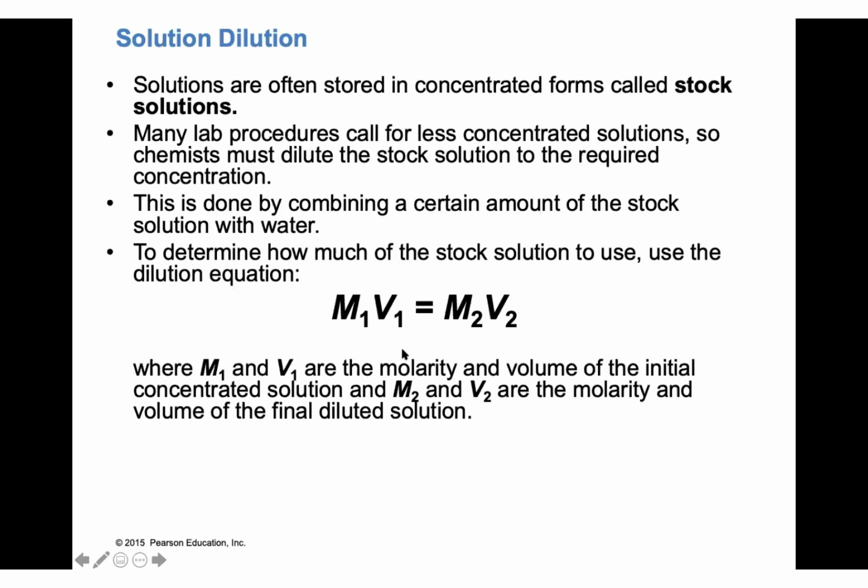Do you remember, guys, the gas calculations, for example Boyle's law? It was P1V1 equals P2V2. So I had one stage of the gas on one side and the second stage of the gas on the right side of it.